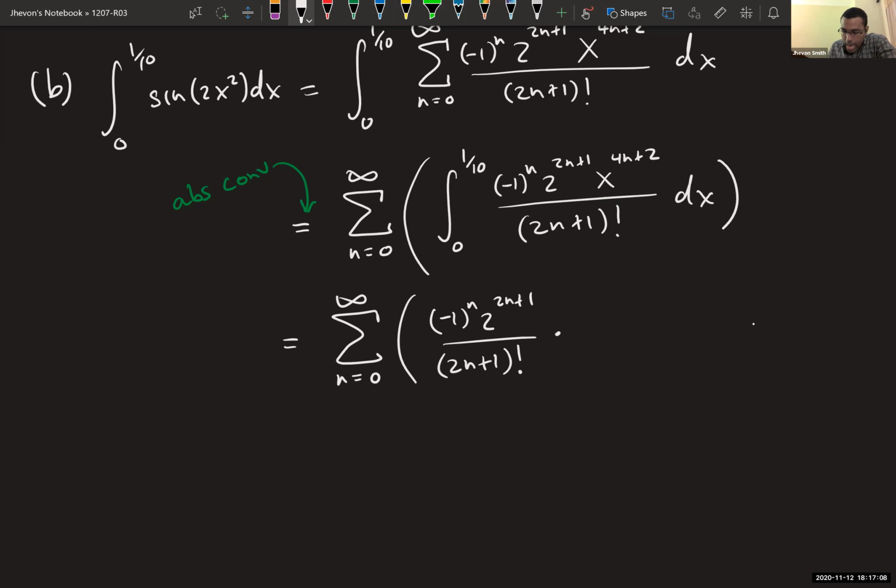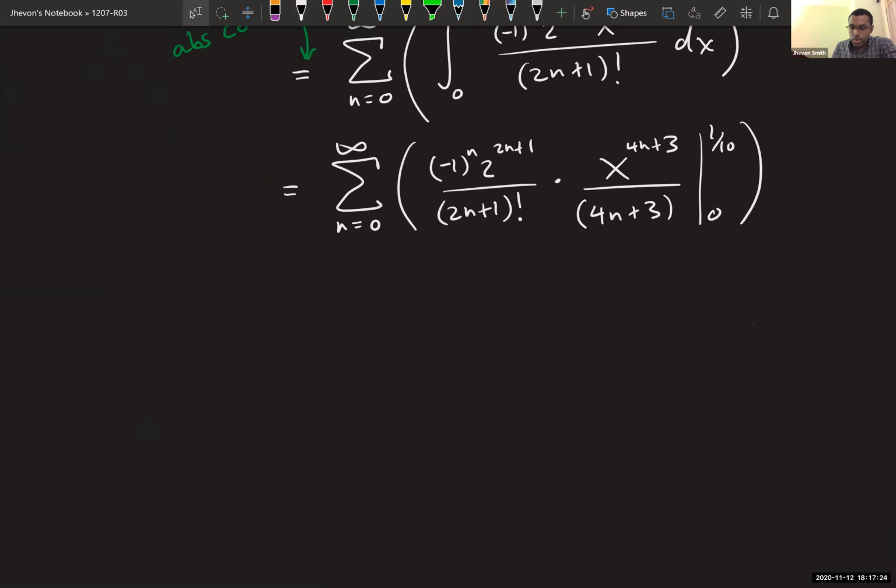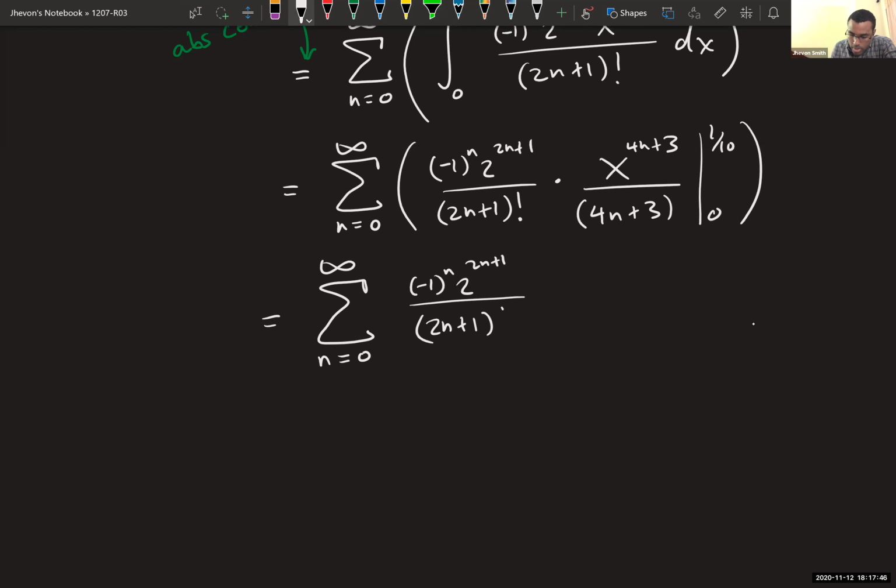The power rule says add 1 to the power and divide by the new power, evaluated between 0 and 1/10. Now, of course, if I plug in 1/10 into x, this is going to become minus 1 to the n, 2 to the 2n plus 1 over 2n plus 1 factorial.